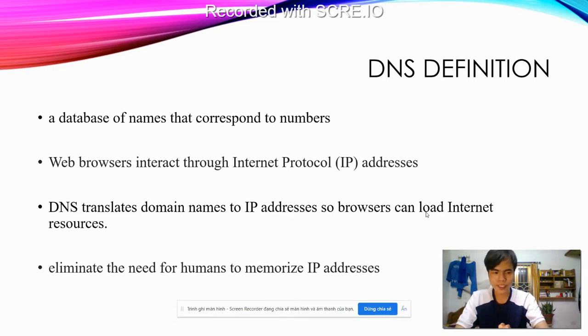The most important thing that DNS does is eliminate the need for humans to memorize IP addresses. There is a fact from some research conclusions that people often remember letters better than numbers. So the DNS works as a more effective method to memorize IP addresses.